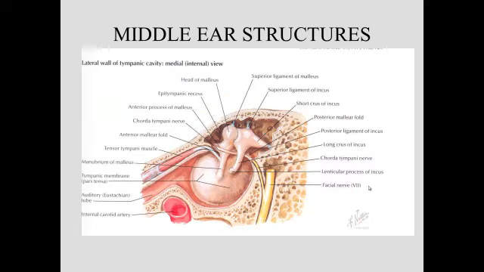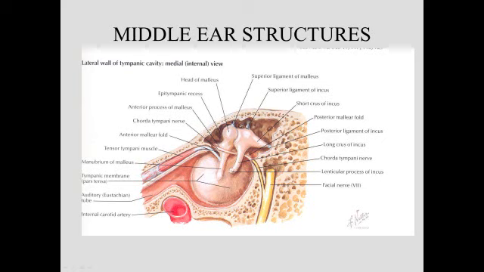Now, if we were to look from the middle ear space out toward the eardrum, this would be the view. Here's the Eustachian tube coming off of the middle ear space. This is, of course, the eardrum right here, and you can see how these two ossicles fit together, where there is actually a facet in the incus to hold the so-called head of the malleus. And that's actually a joint that connects those two bones.